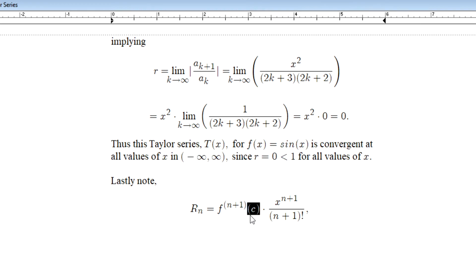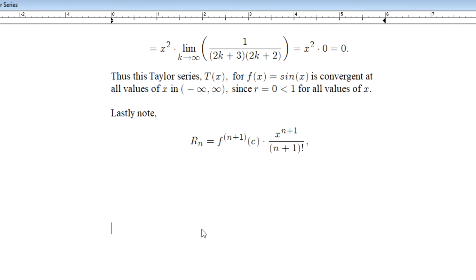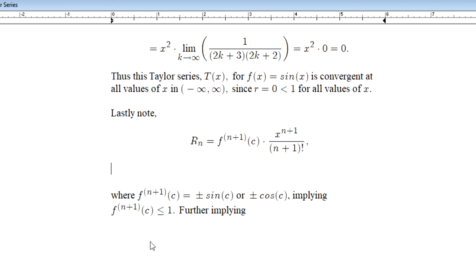If we think about that at any value of a constant c, plus or minus sine x and plus or minus cosine x will always be a number between negative 1 and 1 in value. So the quantity out in front here for r sub n of x will essentially always be some constant value between negative 1 and 1.